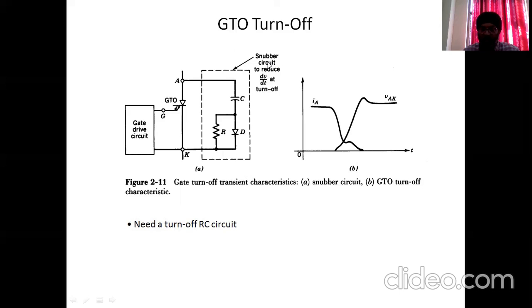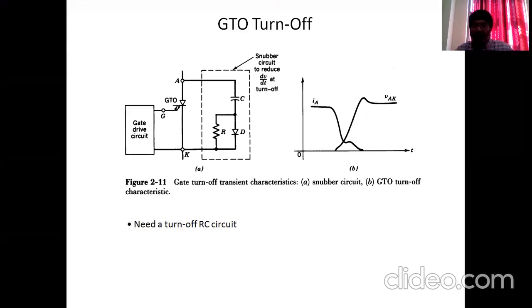You need to remember at this moment that with the snubber circuit, we need to reduce the dV by dt, because dV by dt can cause false triggering, or false turning on, of the SCR we saw earlier. Large dV by dt can turn on the SCR, which we don't want because it can be a destructive way of triggering it on.